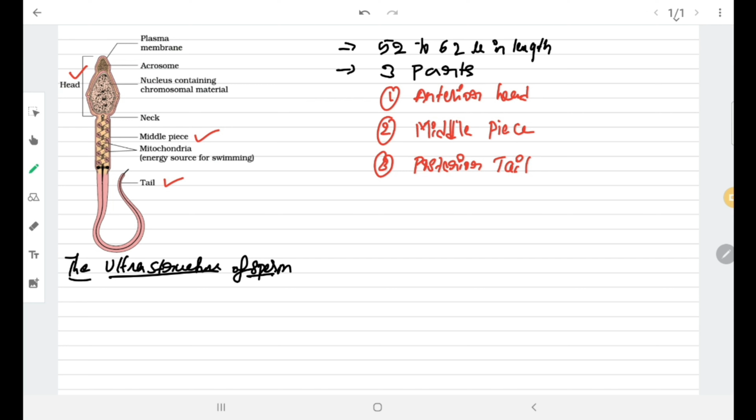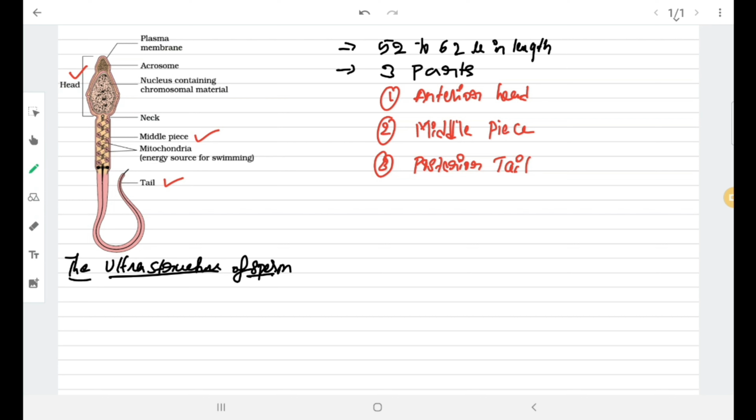So the sperm has been divided into three parts, and we will learn one by one what it contains and what the functions of each and every region are.